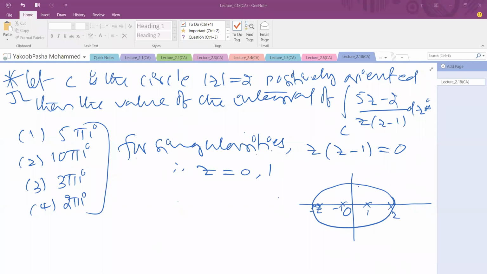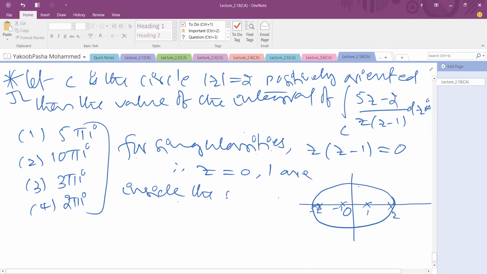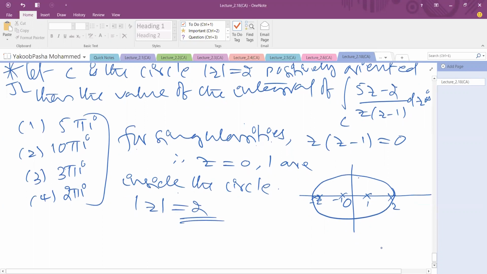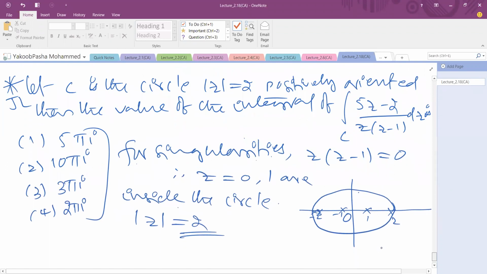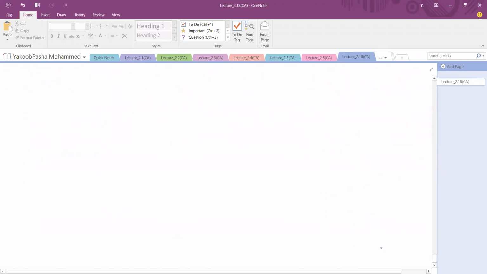Okay. Therefore, inside the circle modulus of z is equal to 2, we have to calculate the residue at z is equal to 0 as well as z equal to 1. We can observe here z equal to 0 and z is equal to 1 are simple poles only.